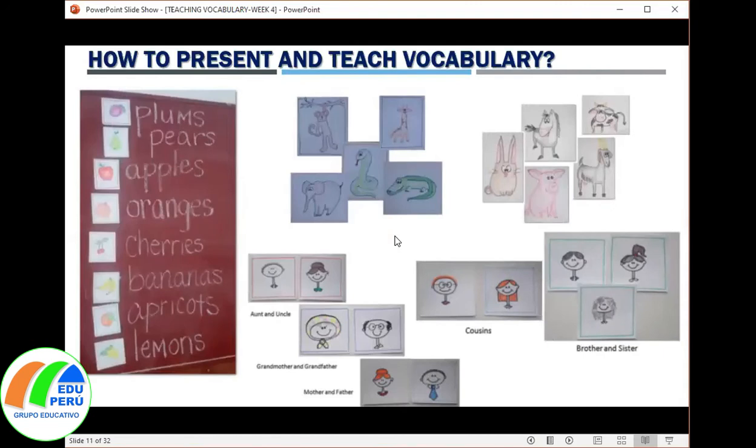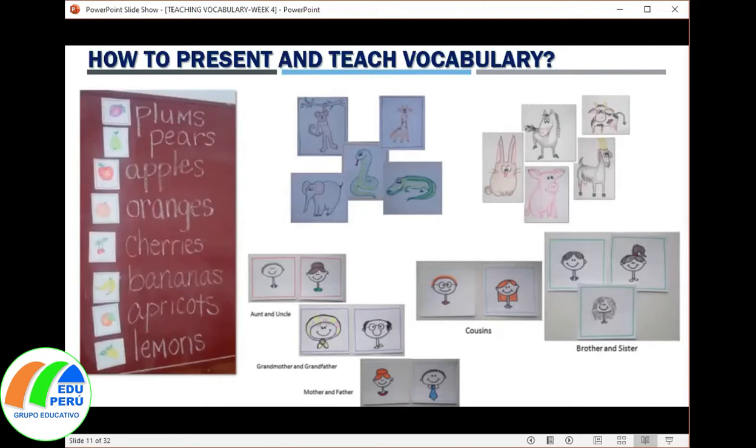For example, on the first picture, you have drawings, pictures, plums, pears, apples, oranges, cherries, bananas, apricots, lemons. Notice here the teacher is using pictures or drawings, and on the other side you have the words. You give the words to the students. On the other side is the same drawing.